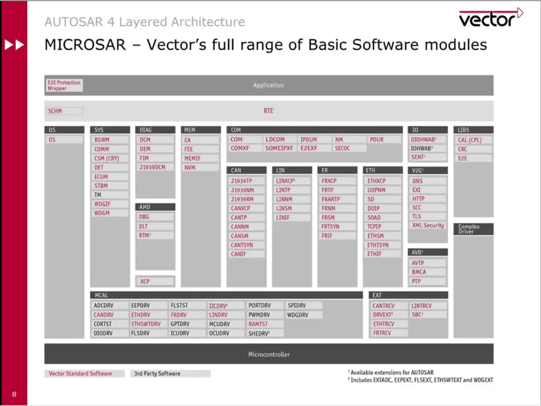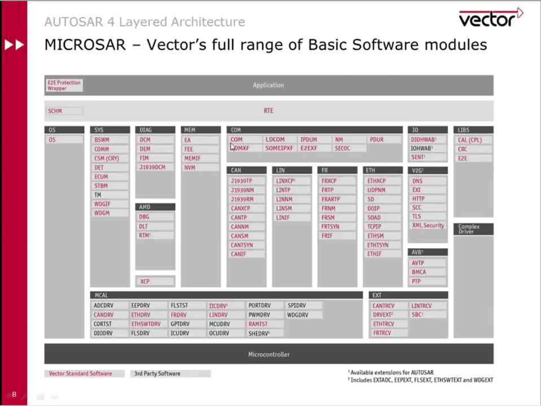AUTOSAR defines a layered architecture for the software. This means it structures the software in a layered way to abstract away from the hardware. This is the structure of the basic software underneath. Now, the basic software consists of just a little bit over 140 different software modules. But here we can see just some of the most common ones encompassed in Vector's basic software stack.